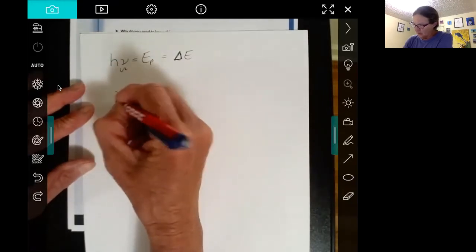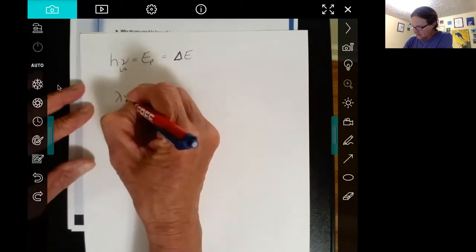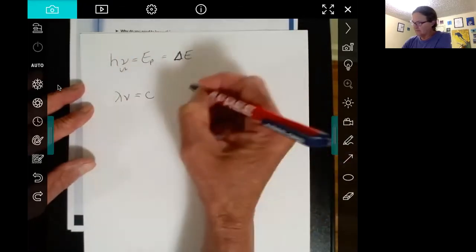So wavelength times frequency equals the speed of light.